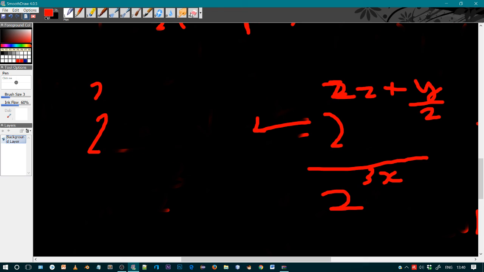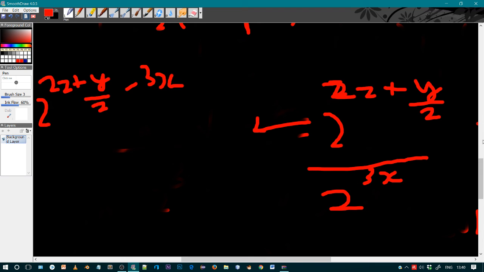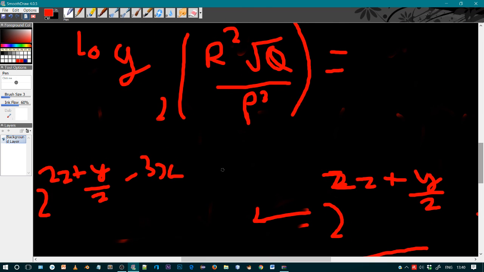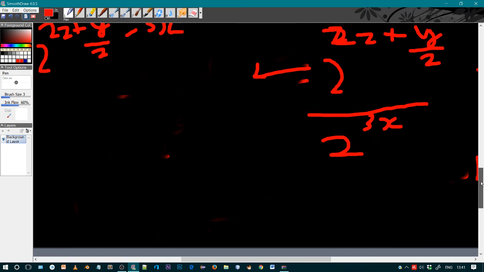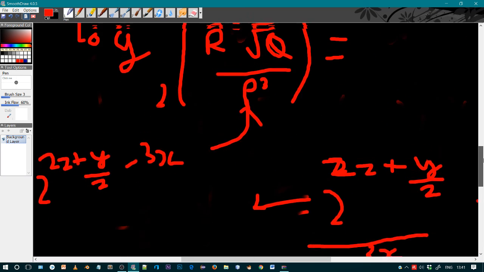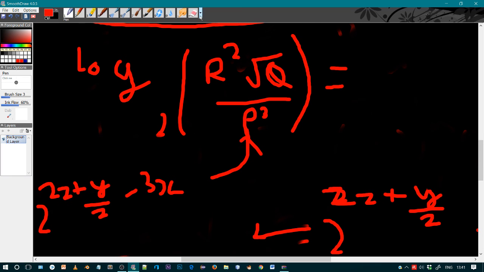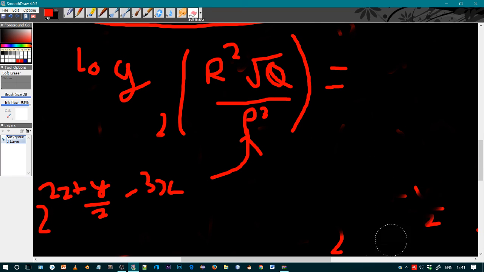So 2 to the power 2z plus y upon 2 minus 3x is equal to this value right here, this expression. So we have simplified our value right here. So this is gonna be awesome.